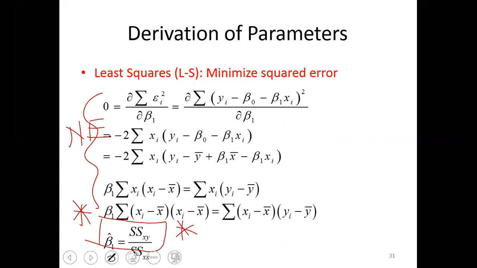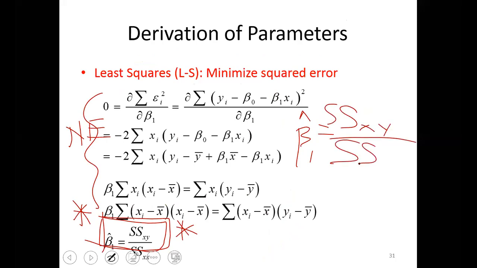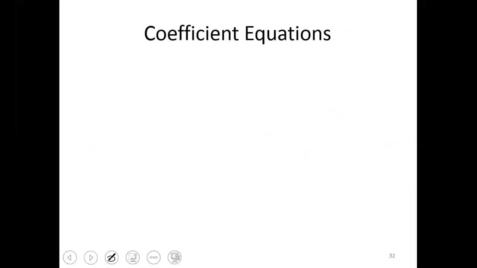It is not necessary to learn it, but it is very, very important that beta 1 hat is equal to sum of squares of xy divided by sum of squares of xx. We need those two formulas to predict the equation. That formula has been derived using the least square technique.